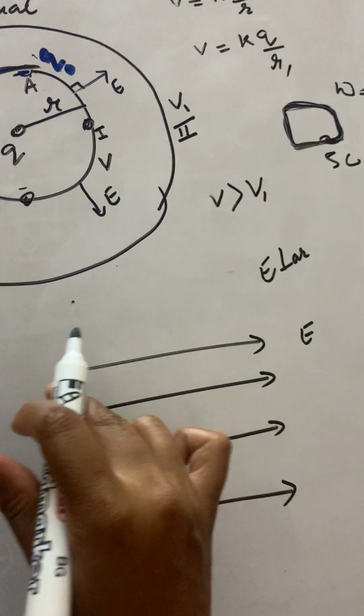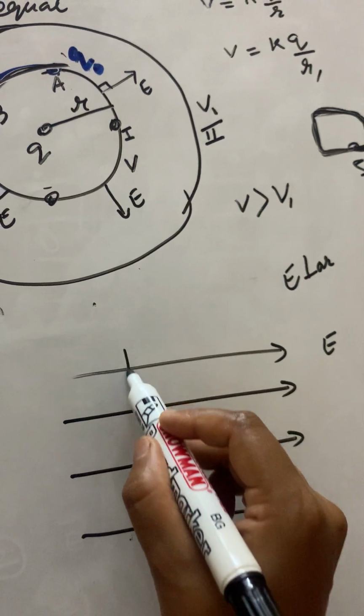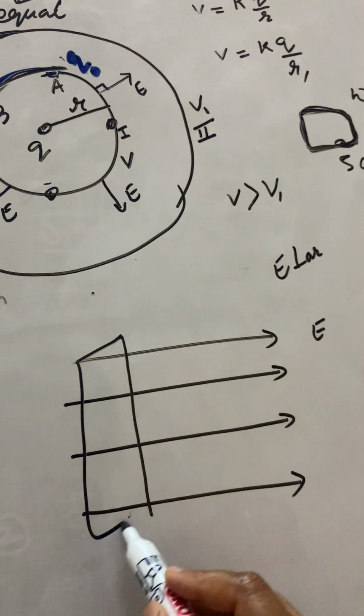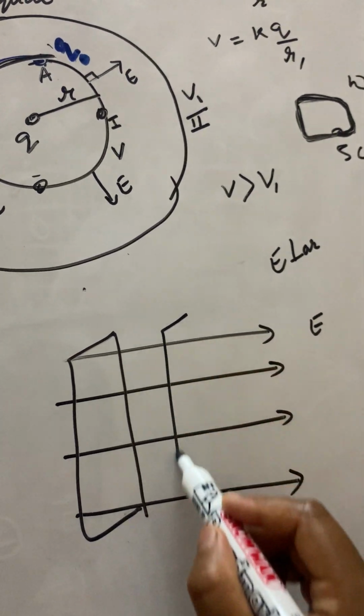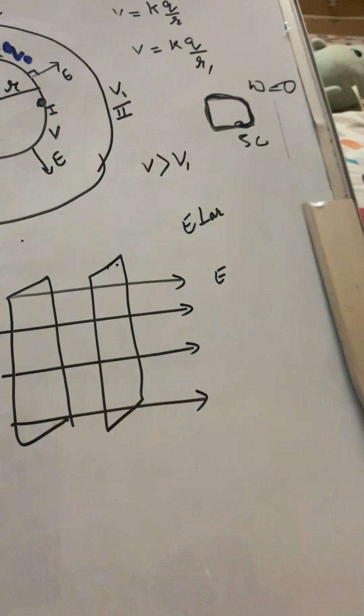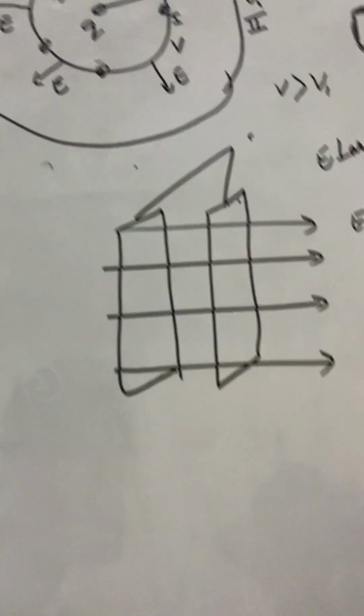This is the direction of the electric field, so the equipotential surface has to be perpendicular to it. Perpendicular in a plane will be plates only, right? So the plates will be like this. These are the equipotential surfaces.